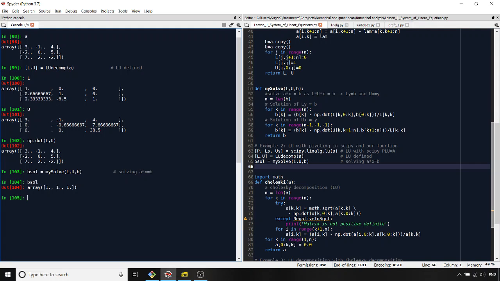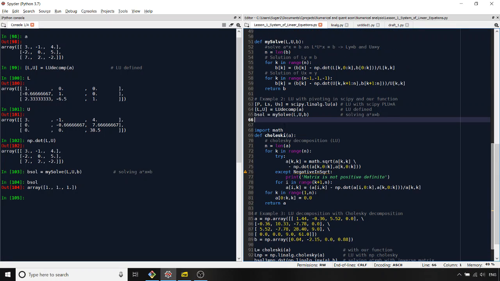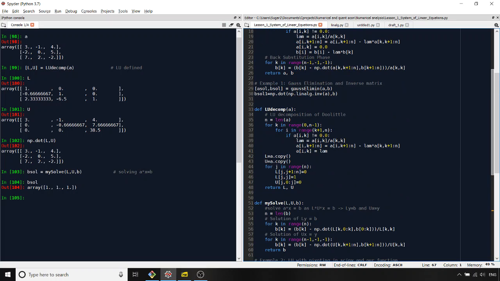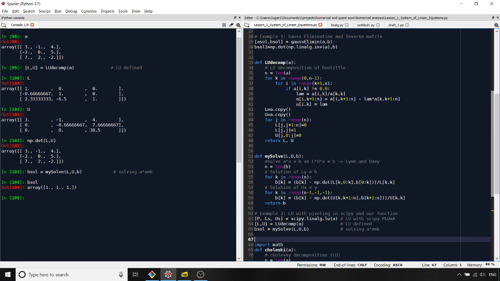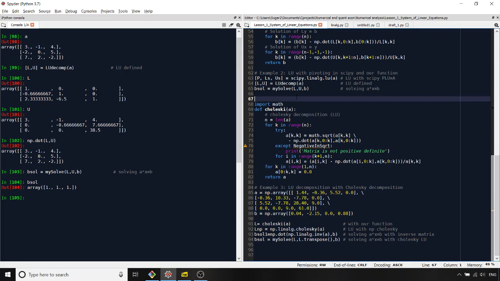Yes, it's the same solution as we found using the Gauss elimination method. So to solve a linear system, we can use the Gauss elimination method or lower and upper triangular decomposition of Doolittle, which is most popular. And the next is to solve the same system, however this time we will use a decomposition called Cholesky's decomposition.